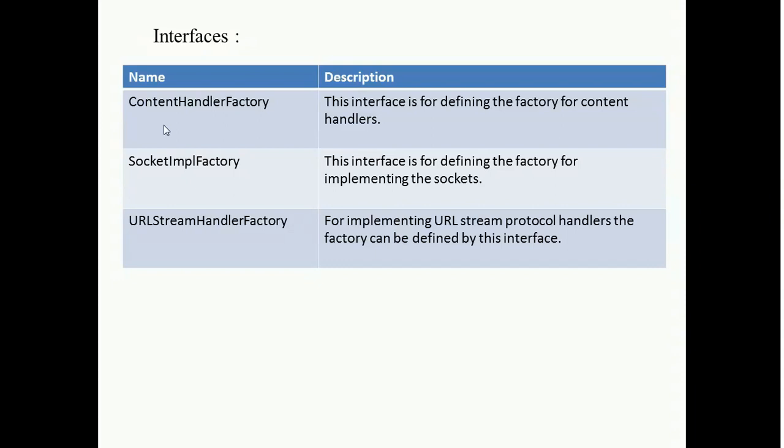So in this lecture we studied the overview of the socket, interfaces and classes, also what is the proxy server, reserved socket and client server. In the next lecture we will see the InetAddress, and in that we will study the factory methods and instance methods.